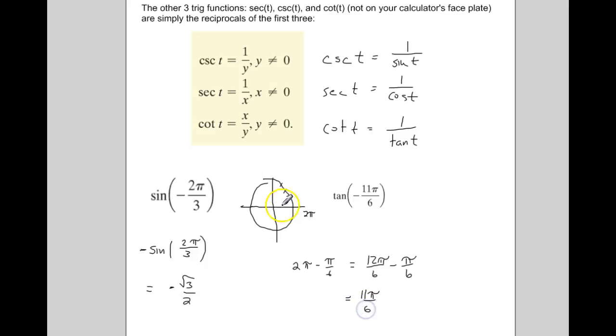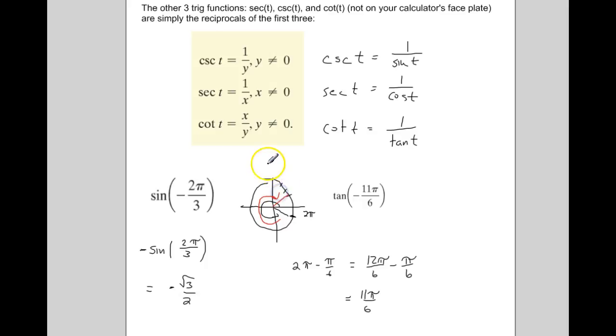So in the positive direction, rotating to that value right there, that's 11 pi over 6. But because we're going the opposite direction, we're going this way, we would actually end up right there.